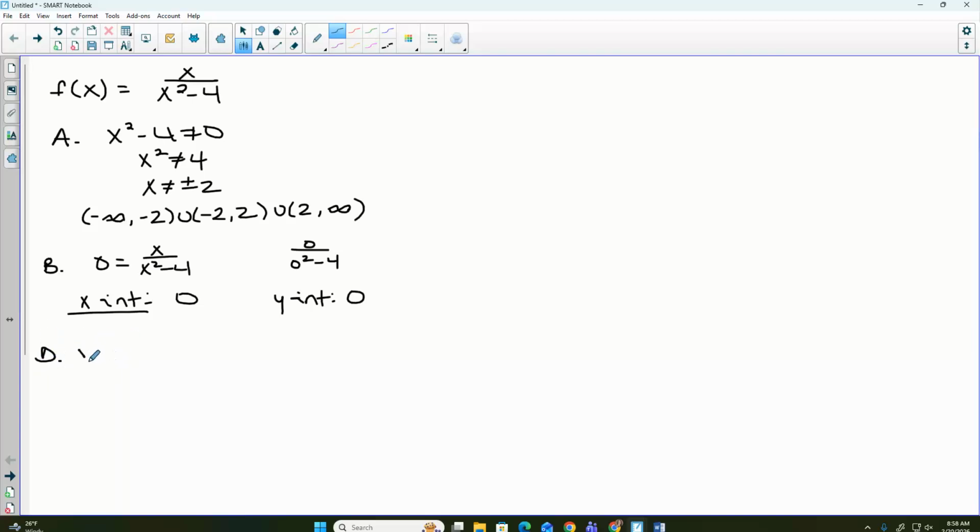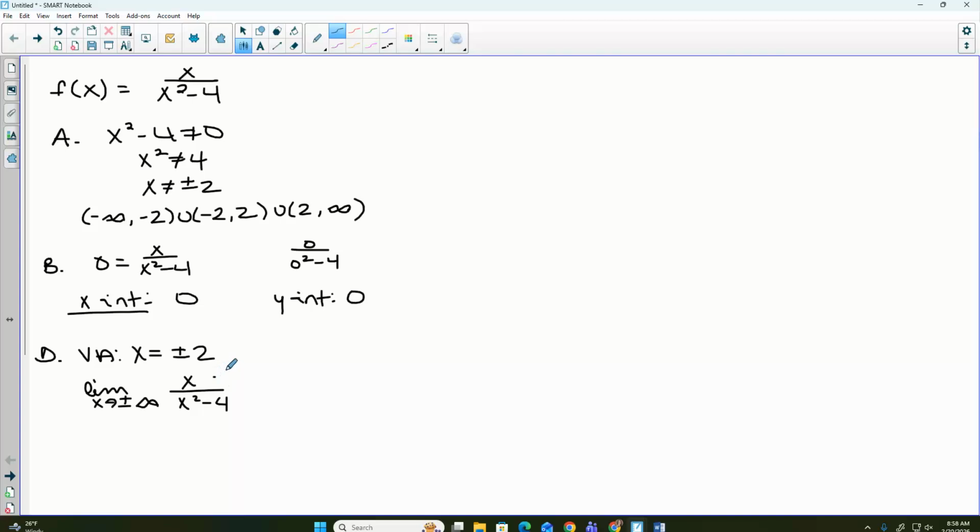Vertical asymptotes are x equals what makes the denominator 0, which we already found in A. So x equals plus and minus 2, or you can write them separately. To find the horizontal, we have to do the limit as x approaches positive and negative infinity of x over x squared minus 4.